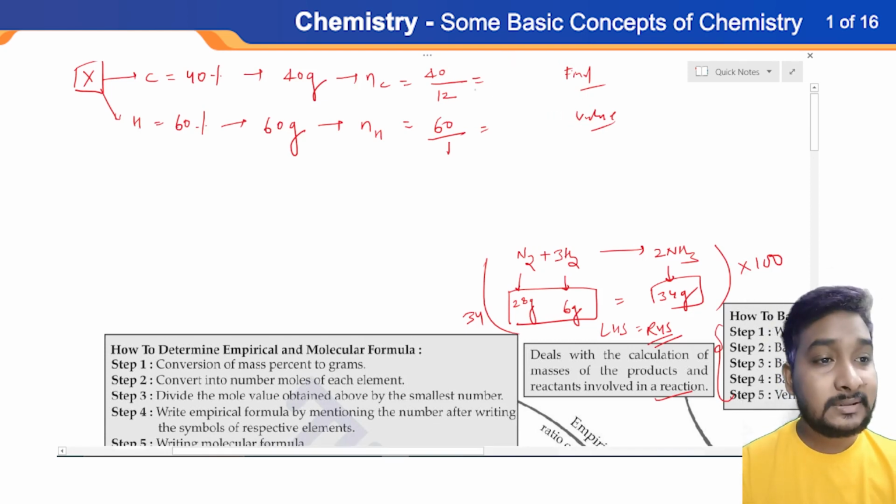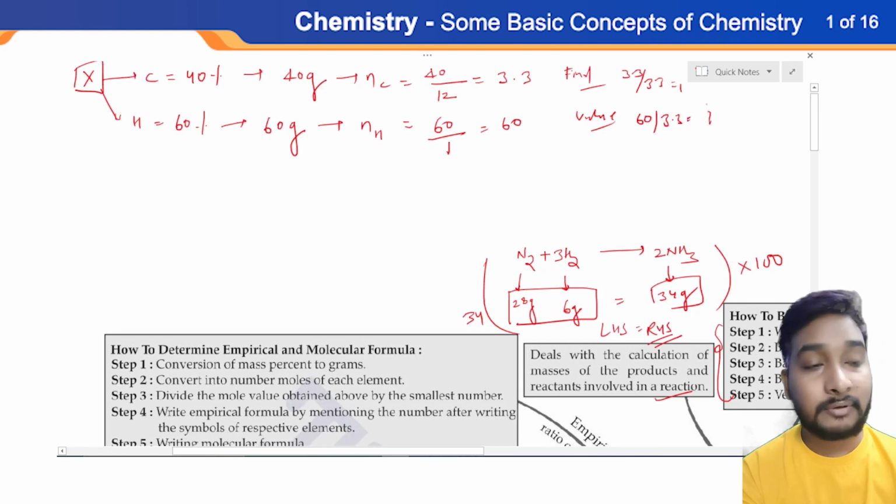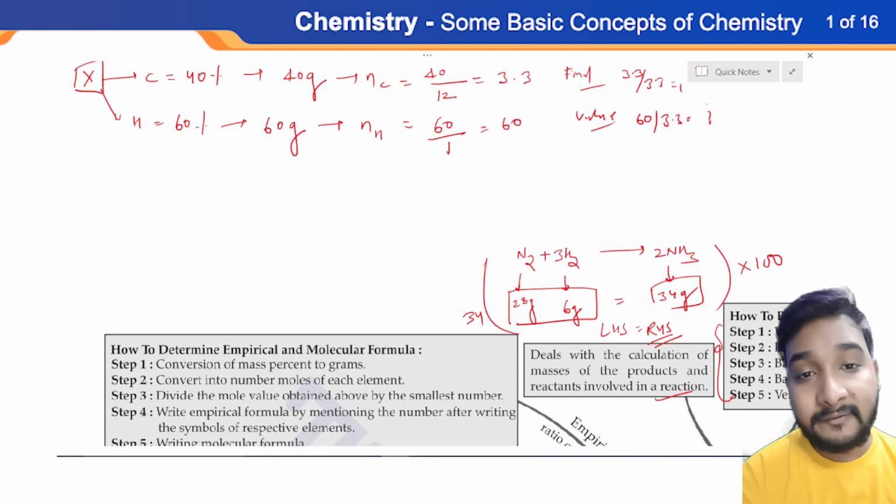Okay, so these are very simple things. 40 divided by 12 is 3.3, and for hydrogen it is 60. Okay, so 3.3 divided by 3.3 equals 1, and 60 divided by 3.3 equals, you can calculate from your side. Okay, so the obtained final value should be your empirical formula of the given compound X. So I have explained in a very short manner, and the detailed steps are written here.